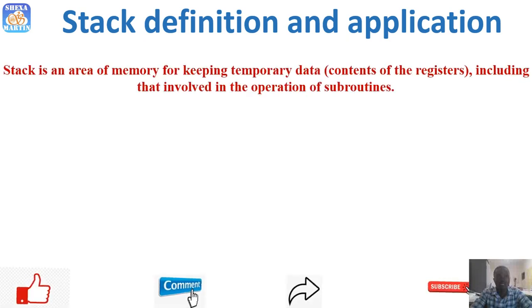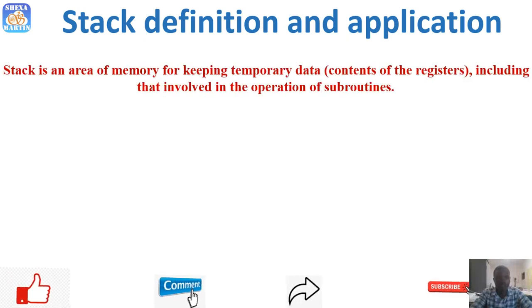So what is it that we call a stack? Stack is just an area of memory for keeping temporary data, including that involved in the operation of subroutines. So it's just an area. It's a named area.